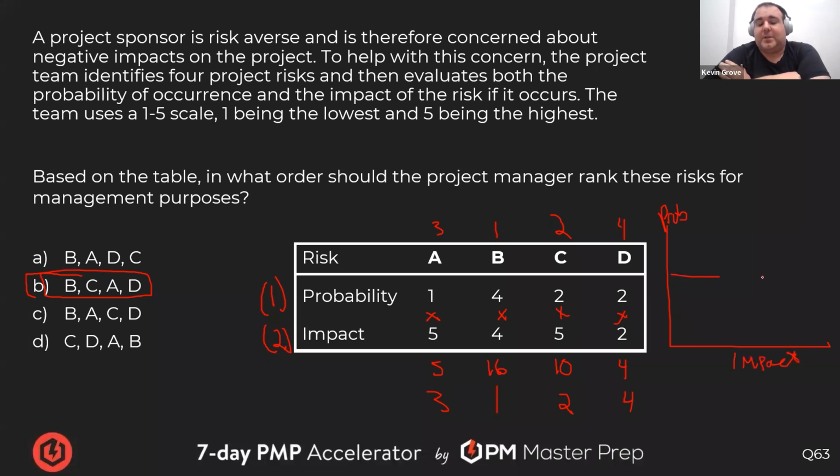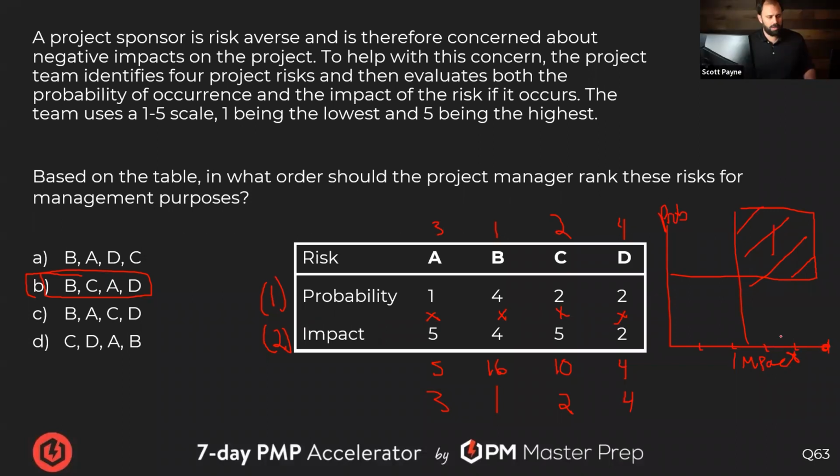You're just multiplying the probability times the impact, which takes you to the upper right quadrant, what you really want to be concerned with. For this example, it would yield B and C as the highest risks for the project, and that leads to the answer.